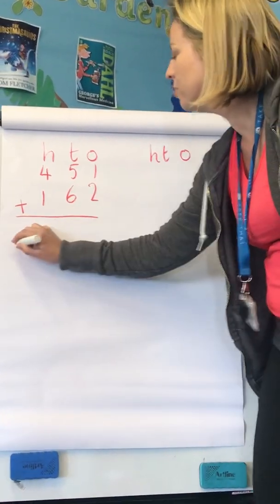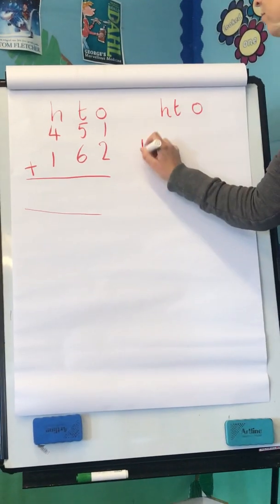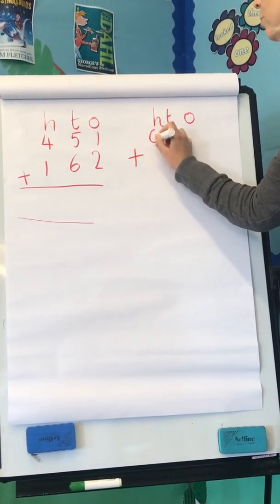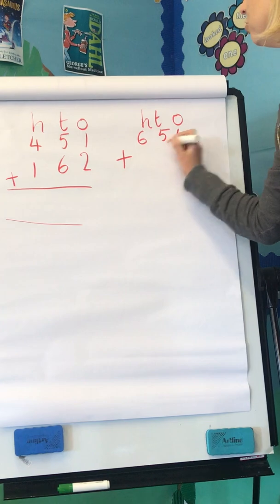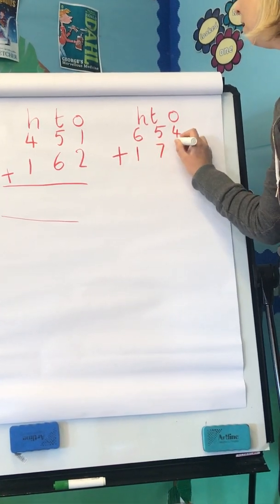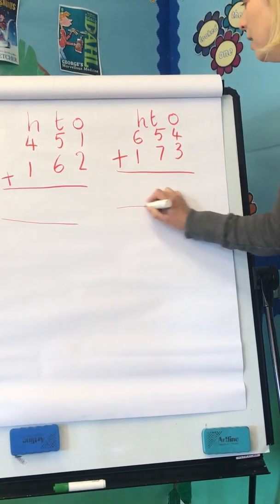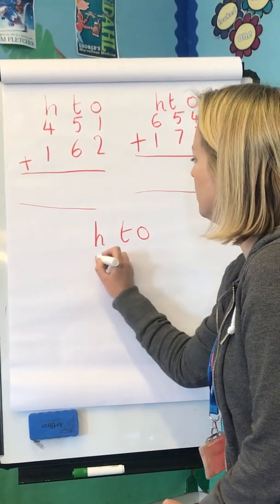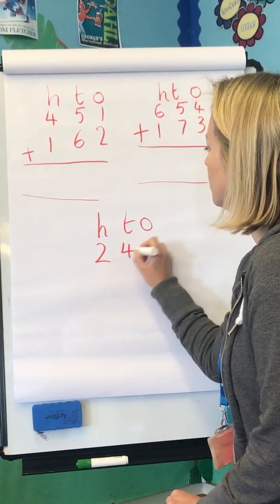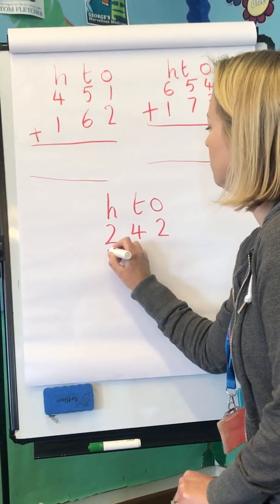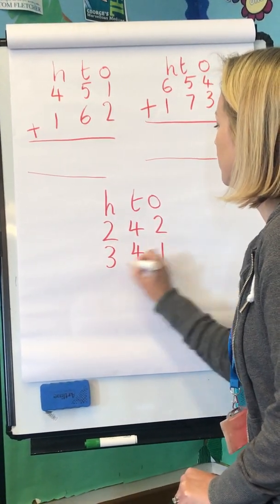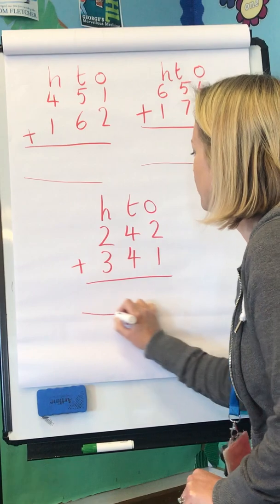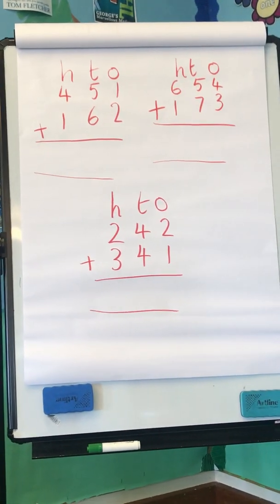There will be some exchanges in these. I'm not telling you where, but I wonder if you can spot where the exchanges are. Okay, I'll give you one more for luck, and then there's going to be a website you can use afterwards. So have a go at those.